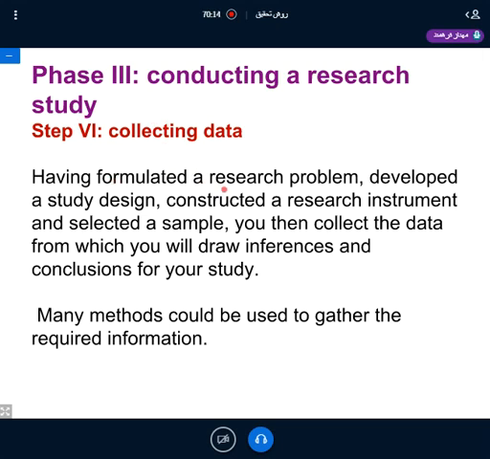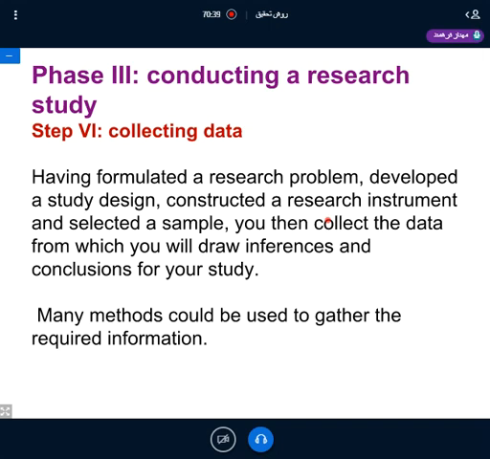Having formulated a research problem, developed a study design, constructed a research instrument, and selected a sample, you then collect the data from which you will draw inferences and conclusions for your study.